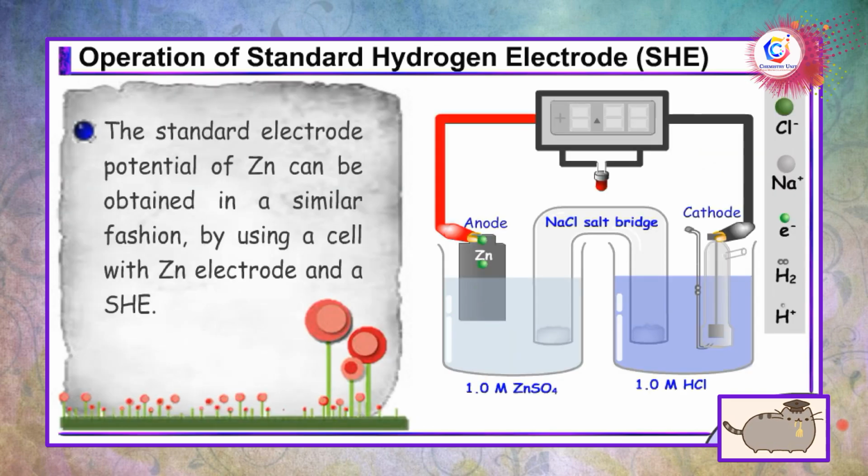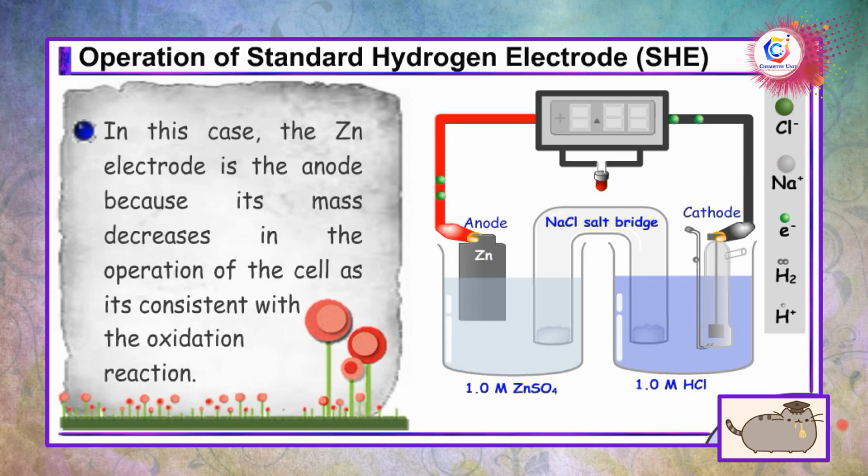The standard electrode potential of zinc can be obtained in a similar fashion by using a cell with a zinc electrode and a SHE. In this case, the zinc electrode is the anode because its mass decreases in the operation of the cell, which is consistent with the oxidation reaction.